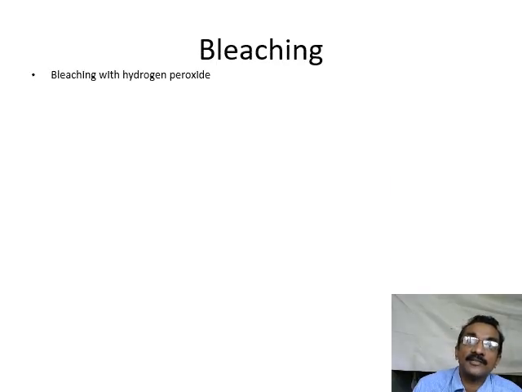Another oxidative bleaching agent is hydrogen peroxide. Hydrogen peroxide is also called a universal bleaching agent because it is a safe bleaching agent.